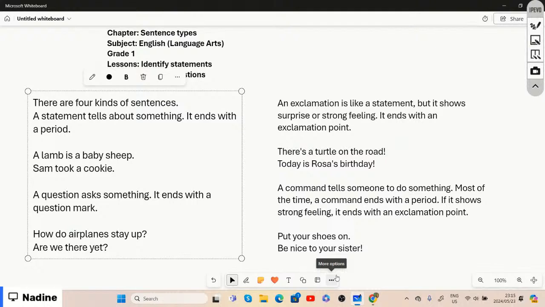So if we look at both of those examples, we can say that that is an exclamation sentence, an exclamation mark or exclamation point. It is like a statement, but it shows surprise or it shows strong feelings.